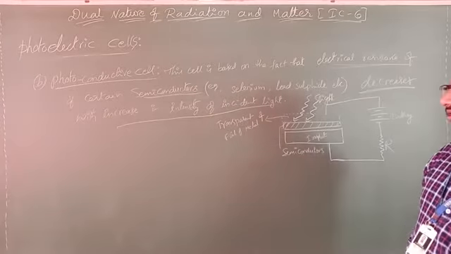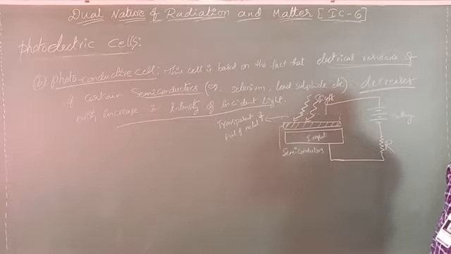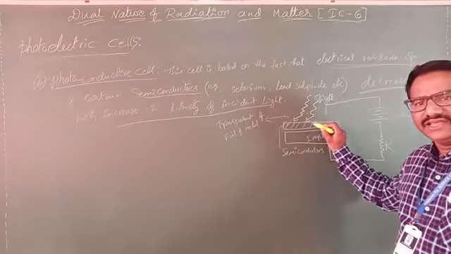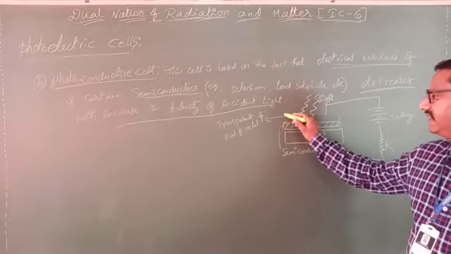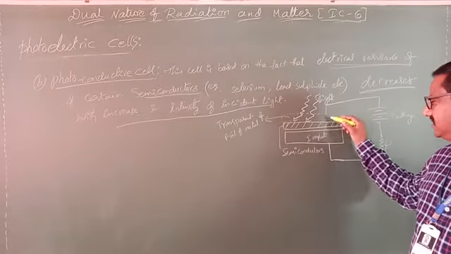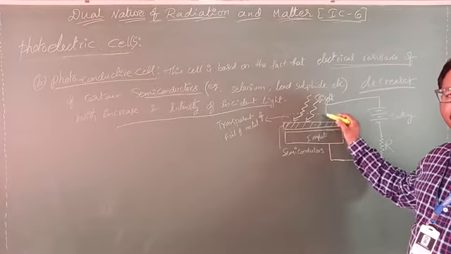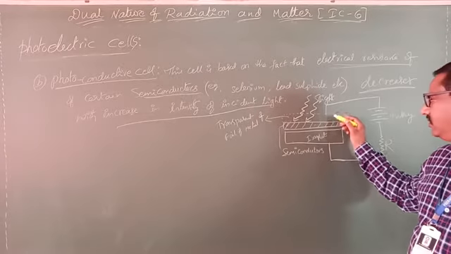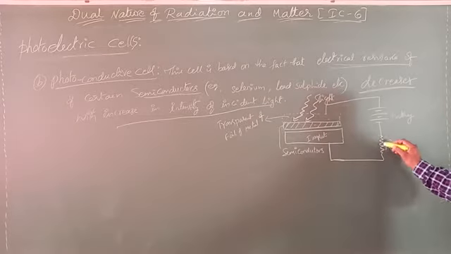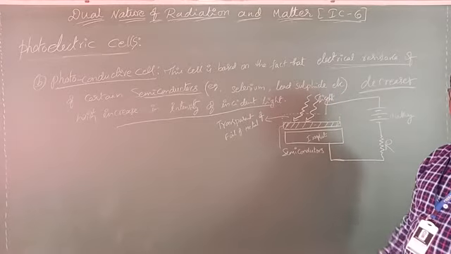Here we take one semiconductor material arranged like this, and above that we place a transparent foil of metal. These are placed above the iron plate. This is connected to one cell and one resistance as a closed circuit.